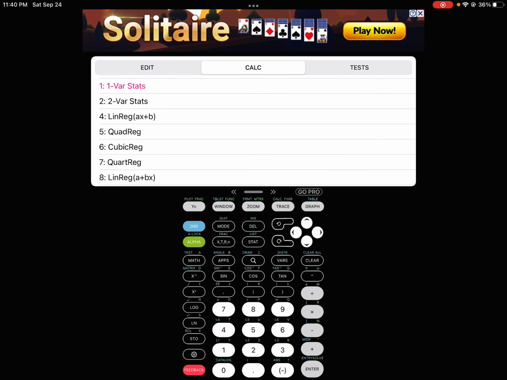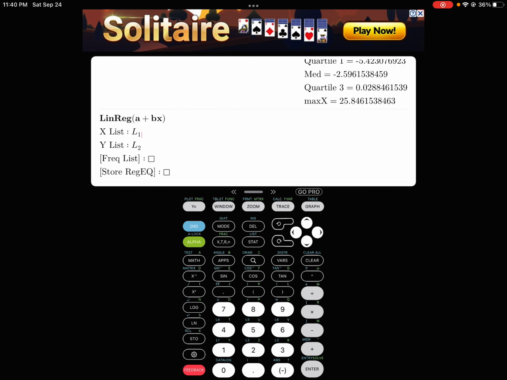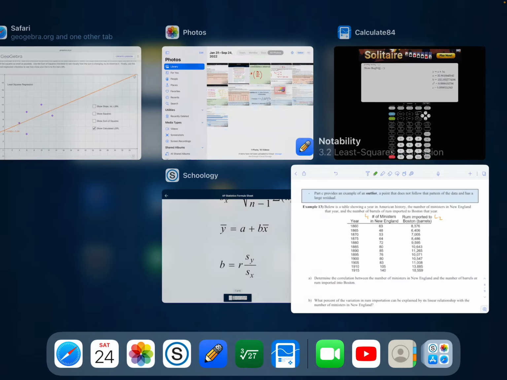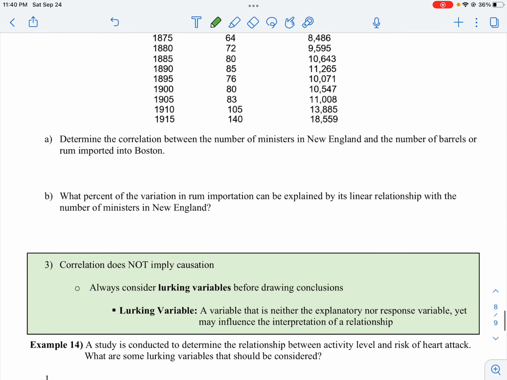So stat, calc, option 8. We want list 3 and list 4. And I can see that the correlation is R equals 0.99996. Okay, almost a perfect correlation.